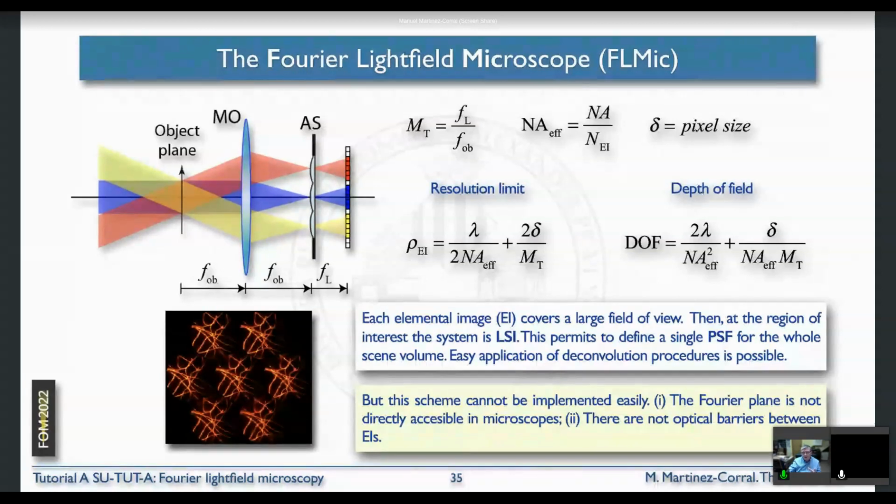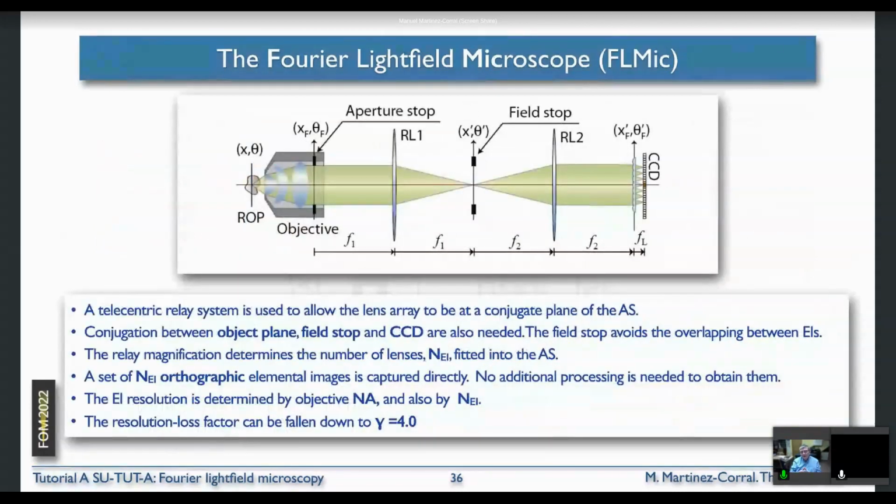Or maybe we can have a microscope in which we want it to work in Lightfield mode or in conventional mode. So it is a good idea to insert the microlenses here, not directly, but through a relay system. So let's say this is a more realistic scheme of the Fourier Lightfield microscope.